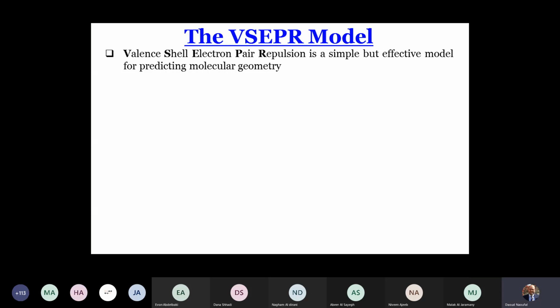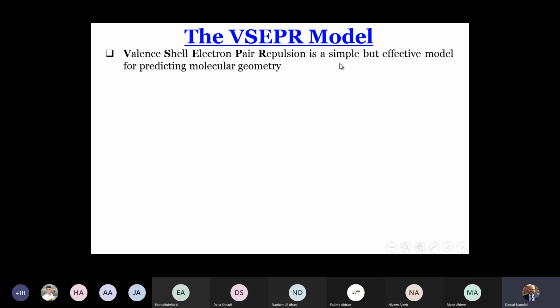So we will have repulsion between the valence electrons in a molecule. And when this repulsion is minimum, the atoms are well arranged around the central atom, and therefore we obtain the geometry. So to find the geometry, we use the VSEPR method, or the principle of the repulsion between the pairs of electrons of the valence shell.